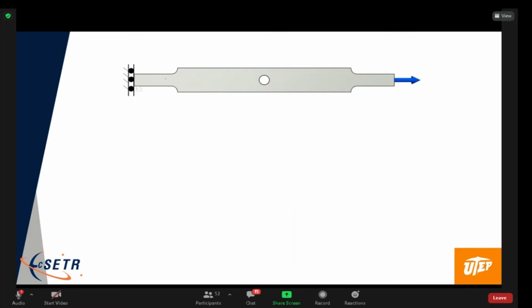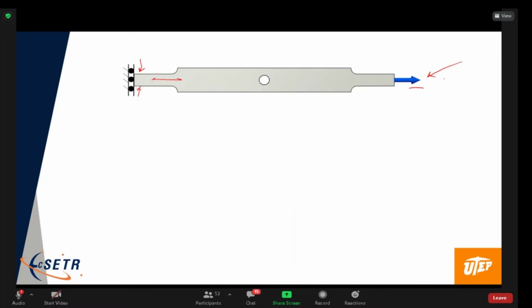So what we're going to do is put the force on the right side and then not fix fully the left side, but put it on rollers so it's free to contract in the lateral directions, because now you know that there's a Poisson effect, and as this starts to elongate, right, due to this force, it's going to want to contract in the transverse directions, both in the vertical direction here and then in and out of the board.